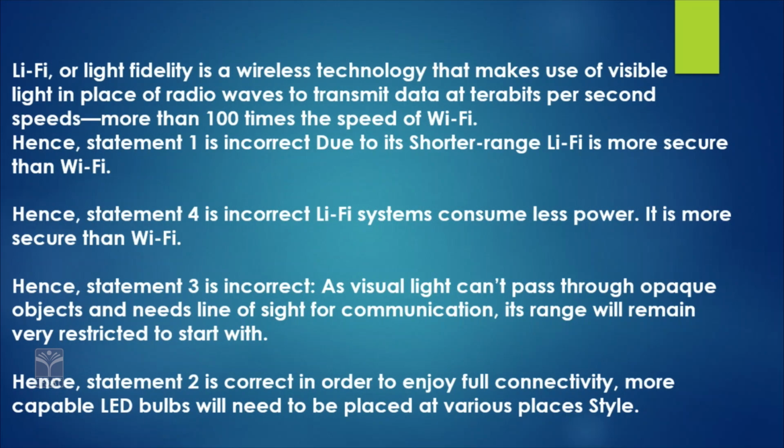Now, we will see. Li-Fi means light fidelity. It is a wireless technology that makes use of visible light in place of radio waves to transmit data at terabits per second speed, more than 100 times the speed of Wi-Fi.